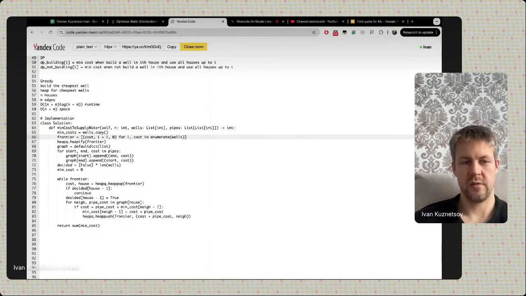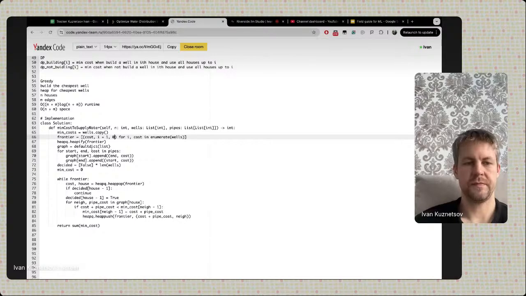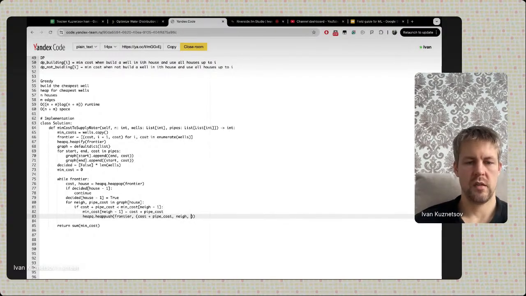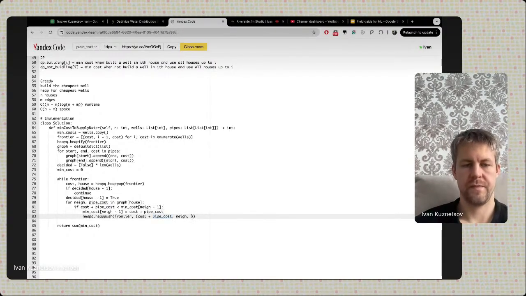So this is the price of the last connection that we need to build to get here. Oh, actually, it will be cost here, right? Yeah. So to get here, from wherever else, we need to build this cost, and then we do neighbor and pipe cost.